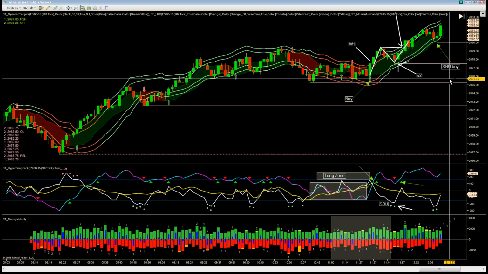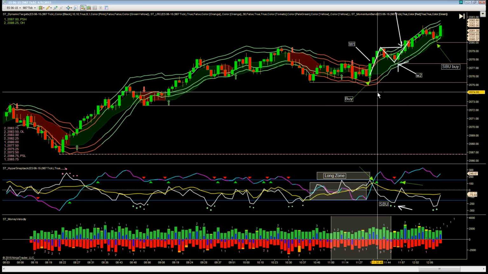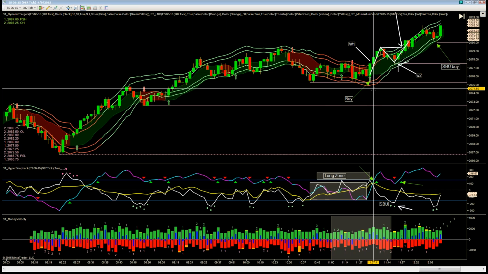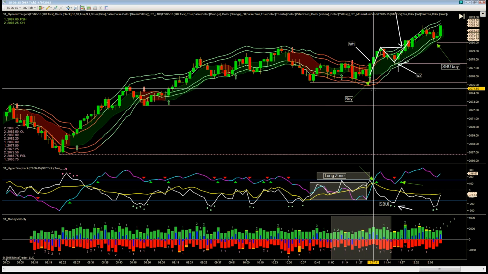So we're still managing the trade. Also, we'll look back where's our stop. Our stop is at the first dynamic target line on this failure of the arrow, which would be 6 to 8 ticks, and I'll put that in for you because you can refer back to this on our channel.